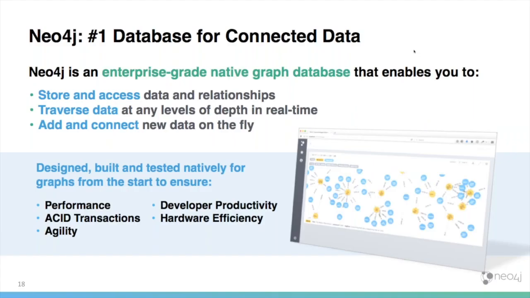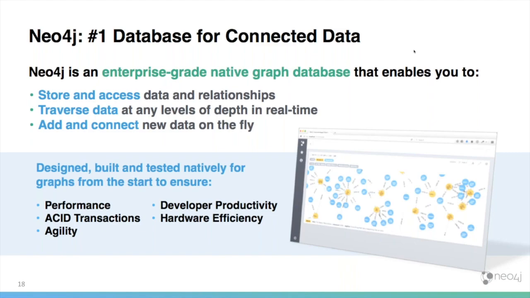So Neo4j is designed as a database for working with connected data, right? And so this is what we're going to look at today, how using this connected data paradigm, this graph data paradigm, can really enrich your anti-money laundering activities. Neo4j is an enterprise-grade native graph database, so it's designed from the ground up to work with connected data in a highly scalable and very performant way.